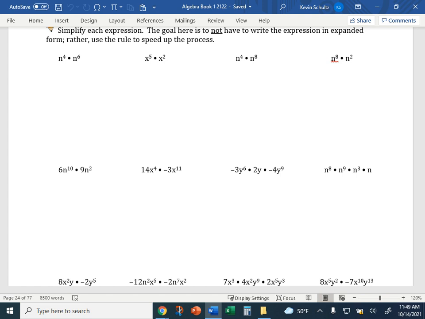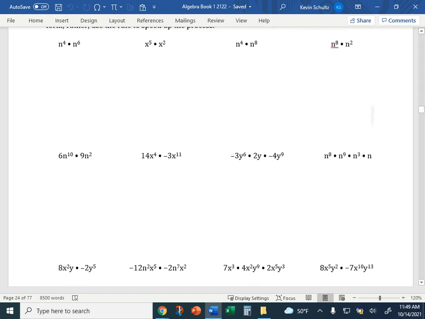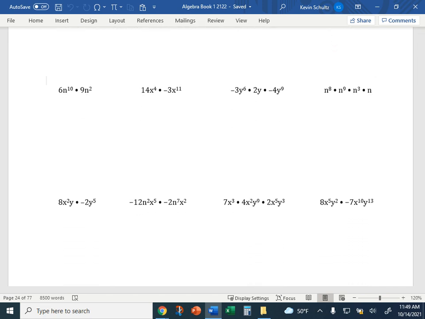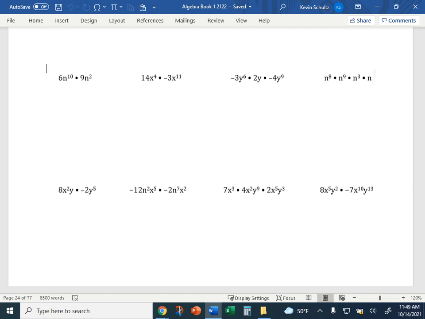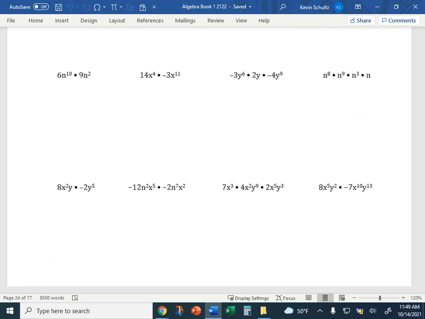Leah. First one, third row, that 8x squared y. Yeah? Okay. So looking at it expanded form, what? Well, first one, second row. 6n to the 10th times 9n squared? Okay. So looking at expanded form, we could write it out that way.